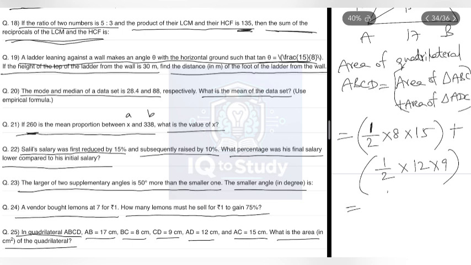That is equal to 60 plus 54, which is equal to 114 square centimeters.